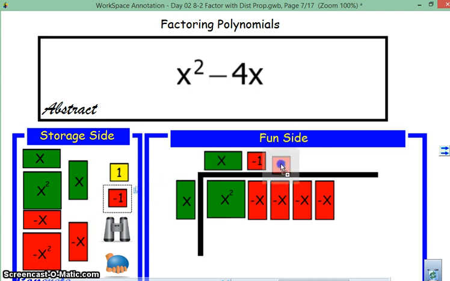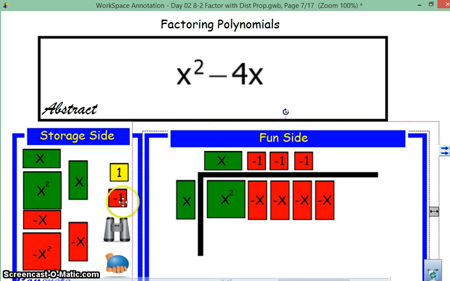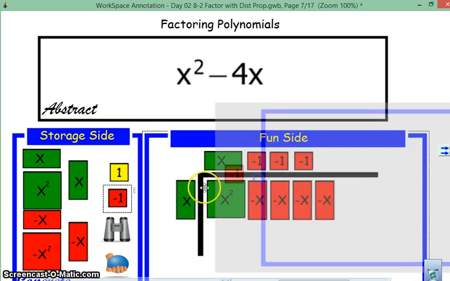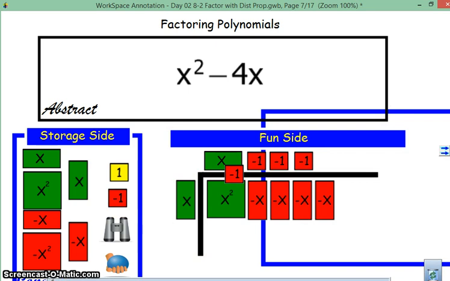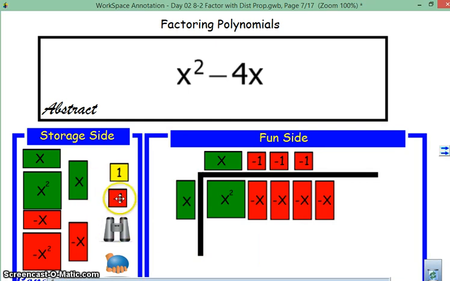Negative so the sign matches the shape that it's closest to, and 1s so that the length matches. Whoops, let's undo that. Okay, so you can see that on this side we have x.